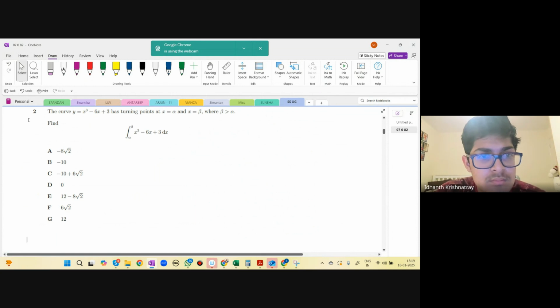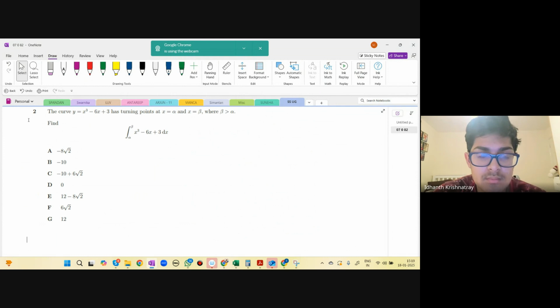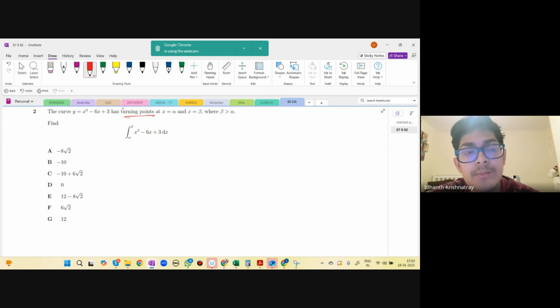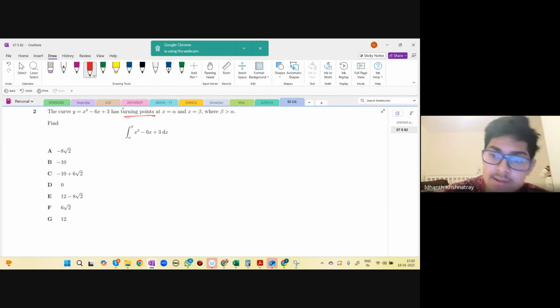The curve y equal to this has turning points at x equal to alpha and x equal to beta, where beta is greater than alpha. Now, what is the meaning of turning point? It's when you differentiate it and the gradient is equal to 0.